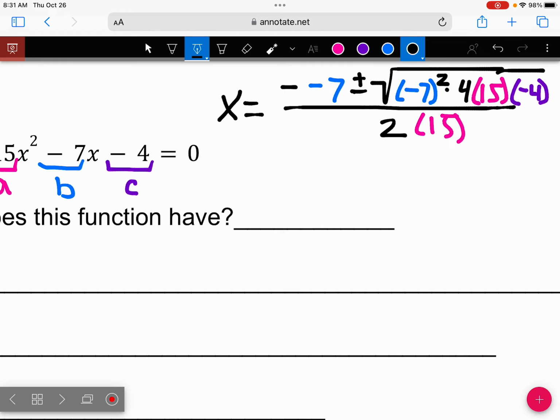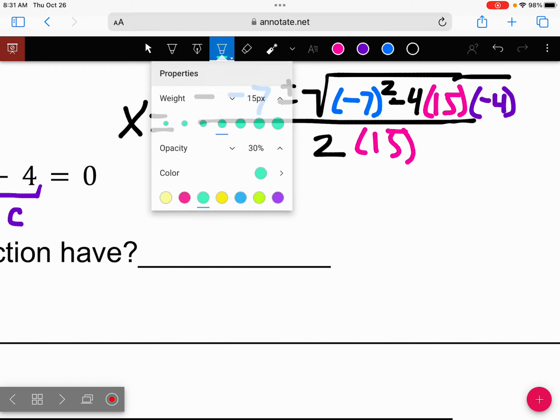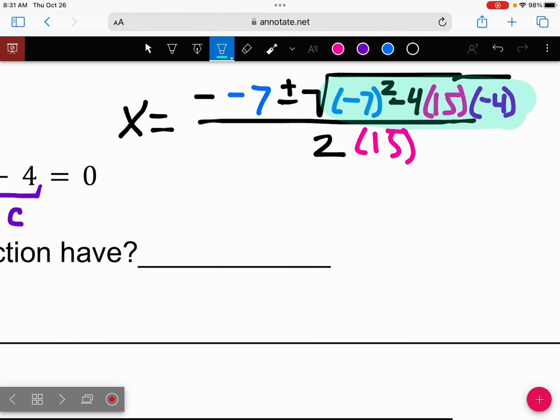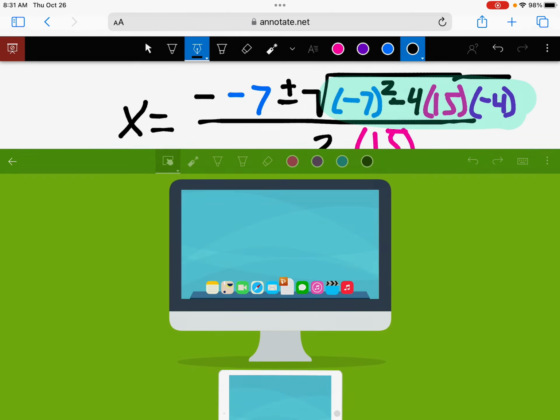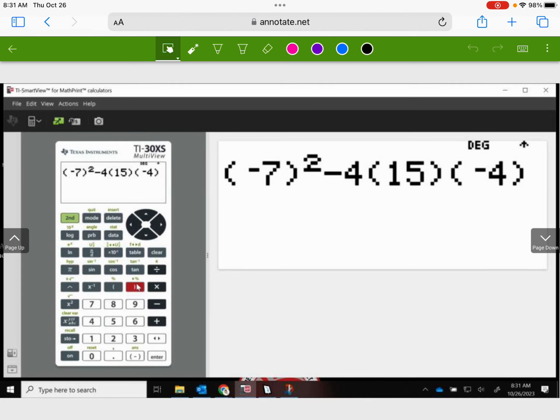That's got a minus sign in there. It's just being grumpy because it zoomed in so far. And again, we want to simplify what's under the radical first, that discriminant. So x equals 7 plus or minus, and we're going to type what's under the radical into the calculator. Negative 7 squared minus 4 times 15 times negative 4.